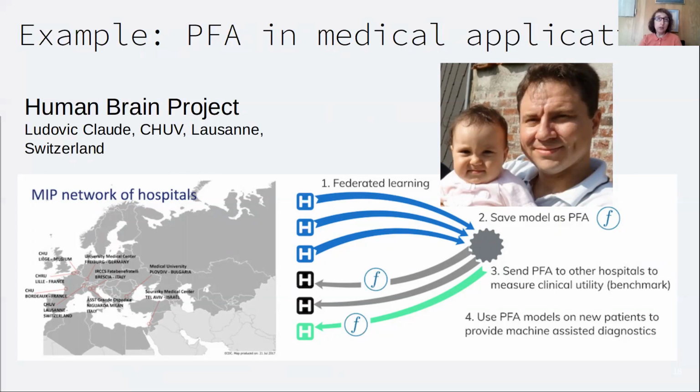Each hospital has their own data, but due to privacy considerations, they cannot exchange or move the data. So they build separate models in each hospital, and then the models, of course, don't have any private information about patients, so they could exchange the models, and they're using PFA format to exchange, validate, and deploy the models.